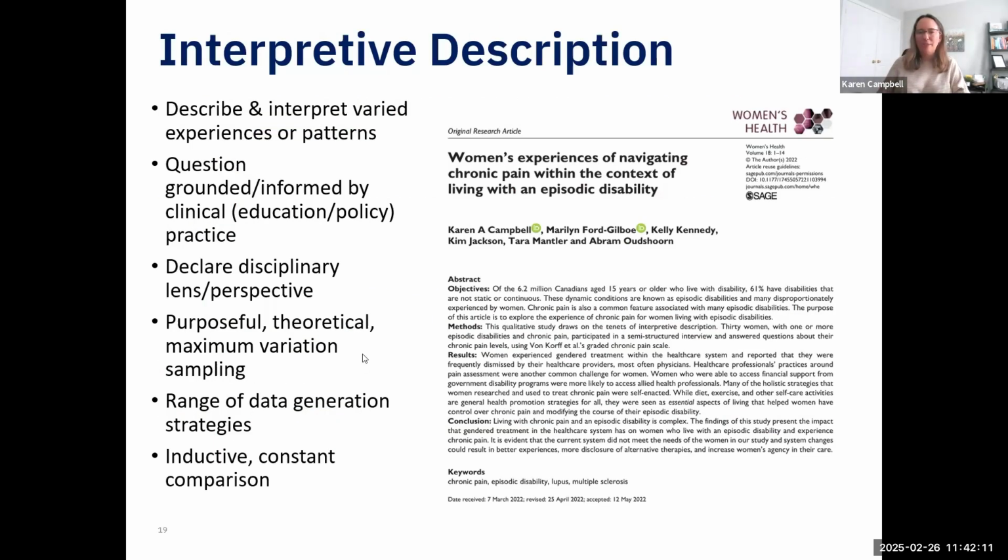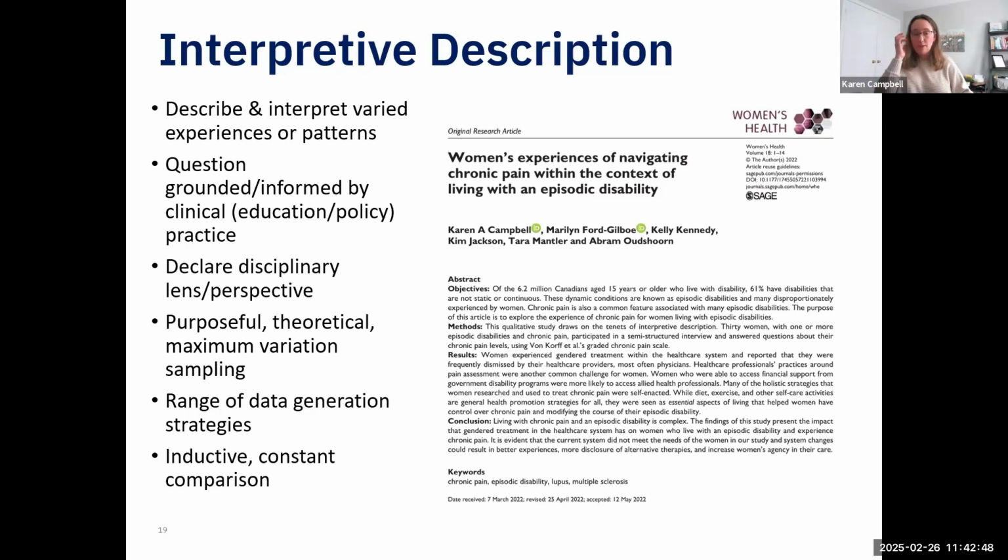So again, I'm just going to quickly show some examples of these designs, but interpretive description. So describing, interpreting various patterns, grounded in our clinical practice or in our disciplinary knowledge, and using that disciplinary lens is very, very important. In terms of how that design might look, it's very purposeful, looking at a very particular population that you want to use.